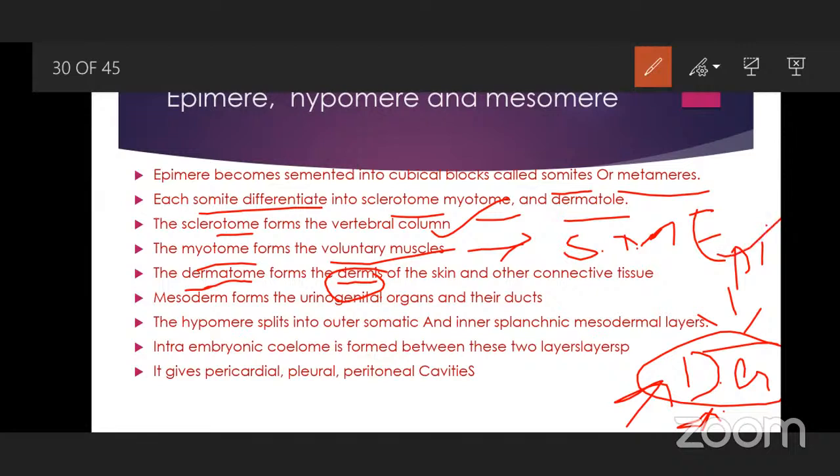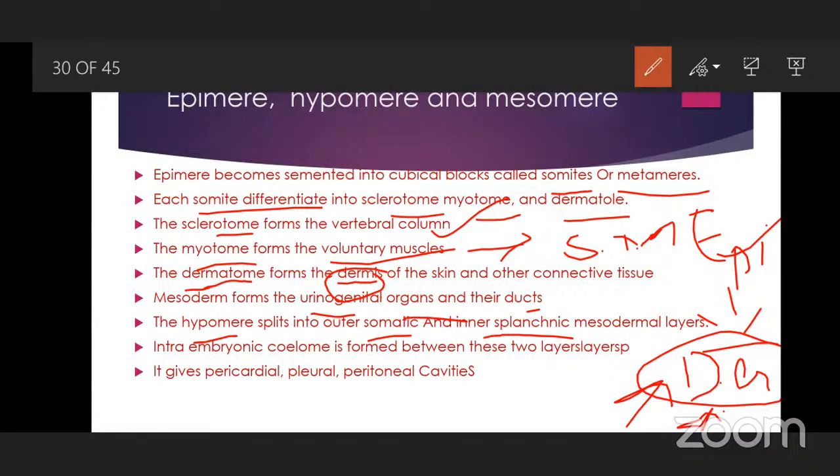The mesoderm forms the urinogenital organs and their ducts. Next, the hypomere splits into outer somatic and inner splanchnic mesoderm. The outer somatic is the lining of the body cavity, and the splanchnic mesoderm, also known as visceral mesodermal layer, is the lining of the visceral organs present in the body.